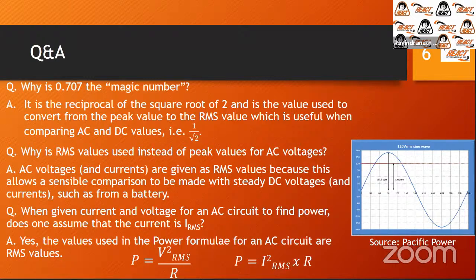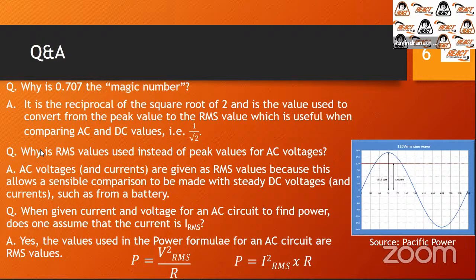We'll discuss in a minute, in the second question, a bit more on that comparison between AC and DC values. So also we have it there, how you get that number 0.707: it's 1 over the square root of the number 2, or as we say, 1 over root 2, or the reciprocal of root 2. All right, so I hope that helps a bit.